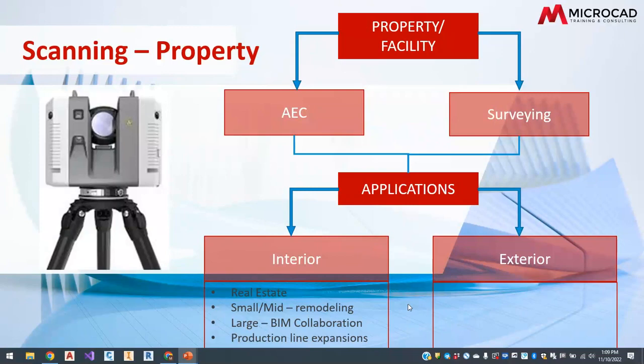The piping, the HVAC, electrical, water, and so on, can all be captured in its current state. And then for people looking to expand, if we're going to do additions or build on their production line. So these are some of the uses for those interior scans.